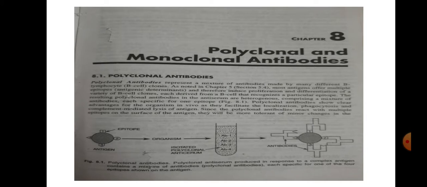The polyclonal antibodies show clear advantages for the organism in vivo as they facilitate the localization, phagocytosis, and complement mediated lysis of the antigen. Since the polyclonal antibodies react with multiple epitopes on the surface of the antigen, they will be more tolerant to minor changes in the antigen.